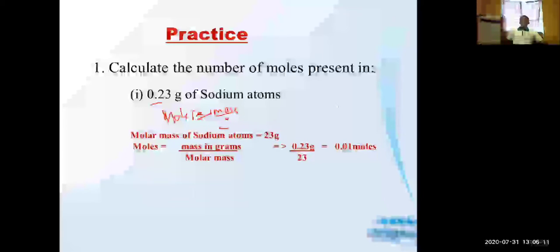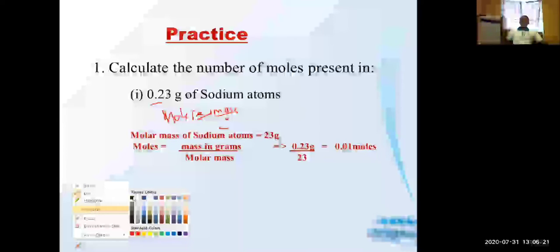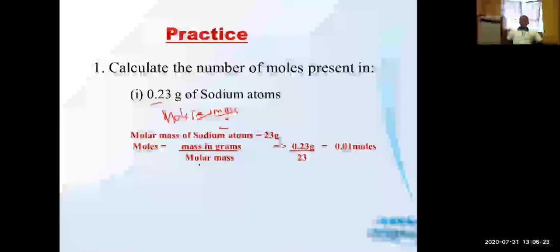If you come here, you realize that we have said moles is equal to mass, maybe in grams, over the molar mass. The mass of sodium atoms was given to be 0.23.